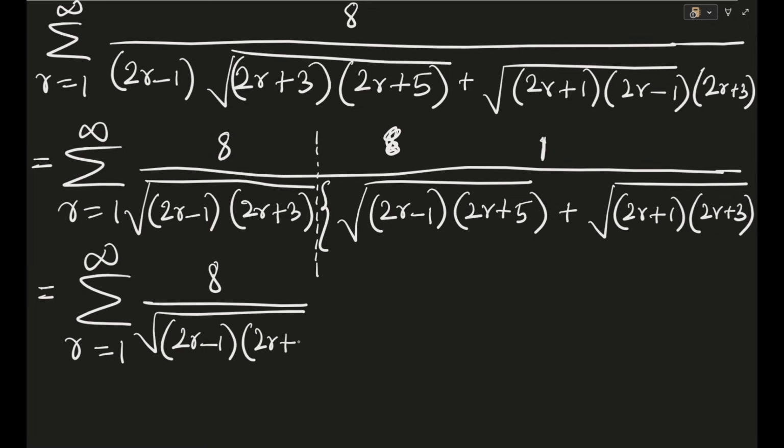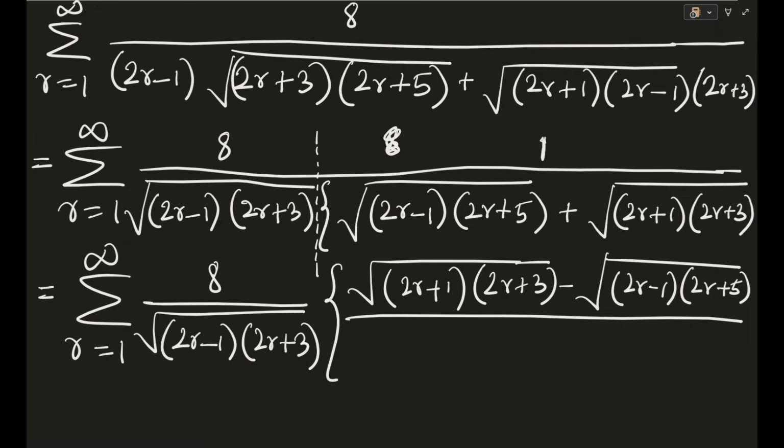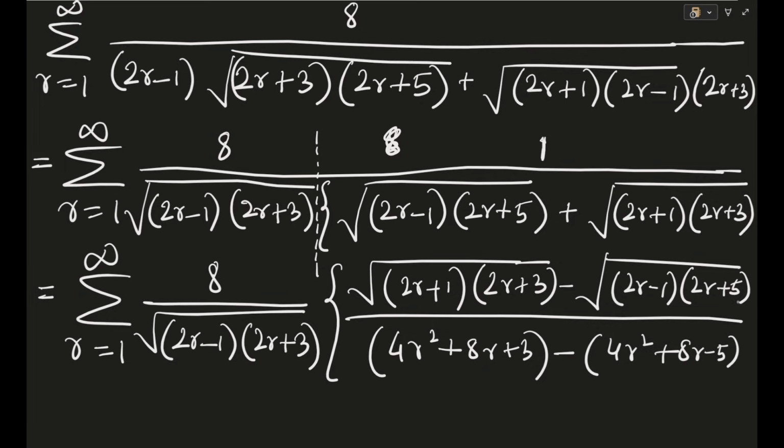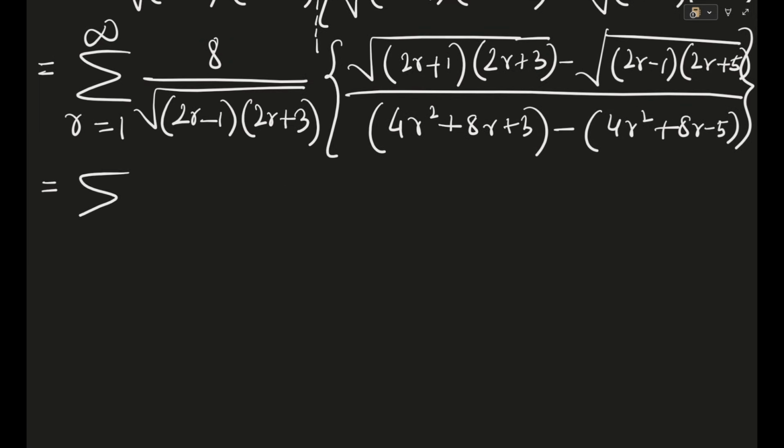And if you rationalize the fraction inside, you will get root under of 2r plus 1 into 2r plus 3 minus of your root 2r minus 1 into 2r plus 5, and this whole thing is divided by, I guess, 4r square plus 8r plus 3 minus of 4r square plus 8r minus 5. A little bit of calculation, but now this will blend into something really good.